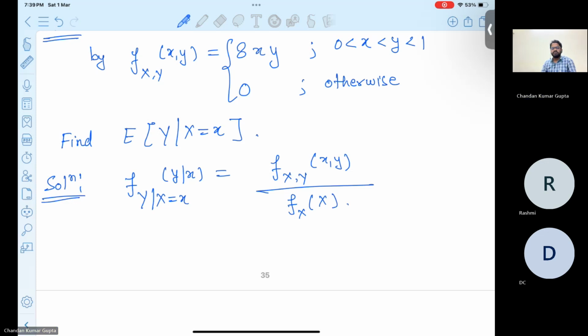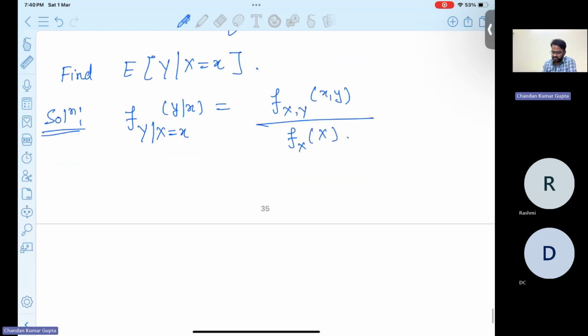We have the joint distribution but not the marginal of x, so first we calculate the marginal of x. Then with the marginal of x and the joint of x and y, we calculate the conditional of y given x, and then the expected value of y given x. So let's start.